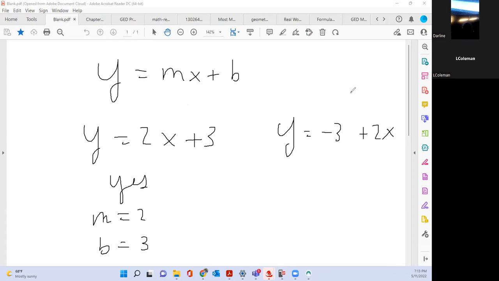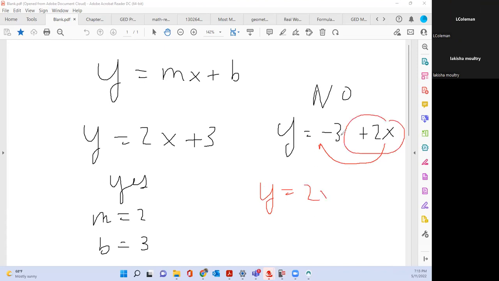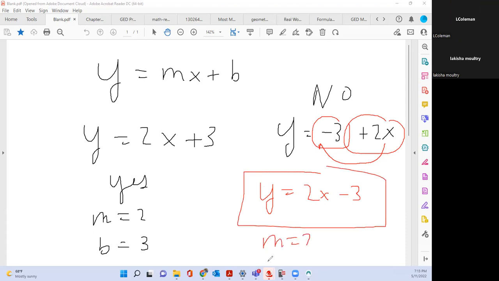No. What do we have to do to make this in slope-intercept form? We're just going to change the order. So we're going to put the 2x first, then the minus 3. So y equals 2x minus 3. Now, this is in slope-intercept form. Your slope is 2. Your y-intercept is -3.